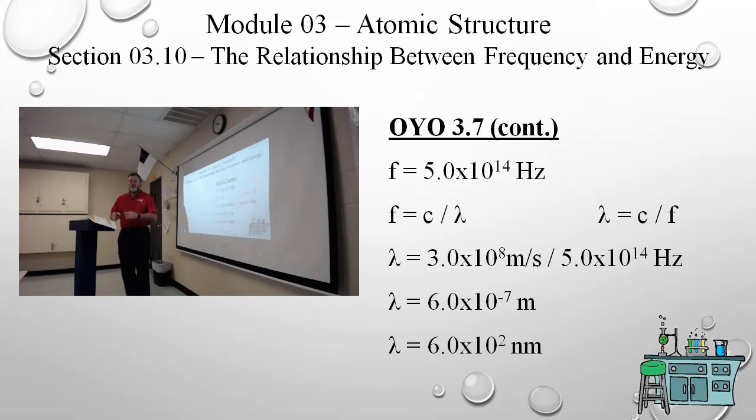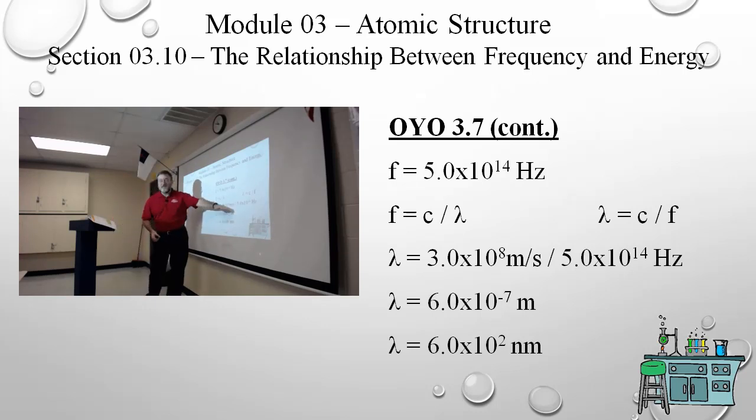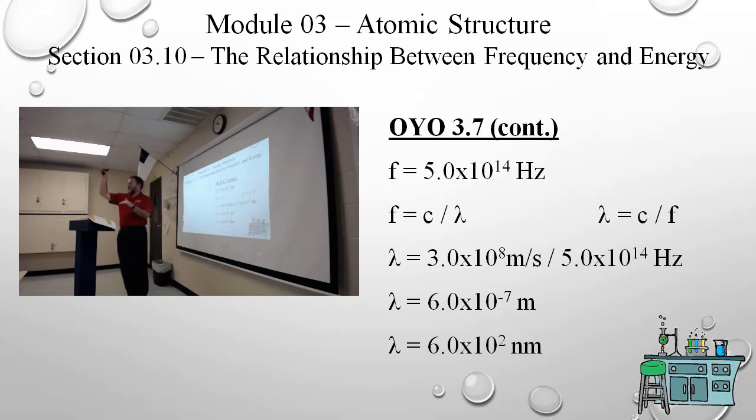If you need to, you could take 6.0 times 10 to the -7th meters times conversion factor of 1 nanometer divided by 1 times 10 to the -9th meters. Now that should sound familiar from Module 1, right?